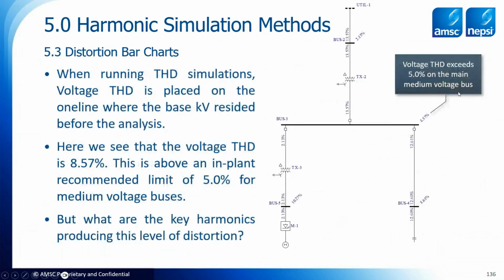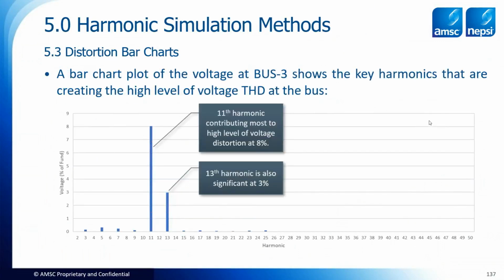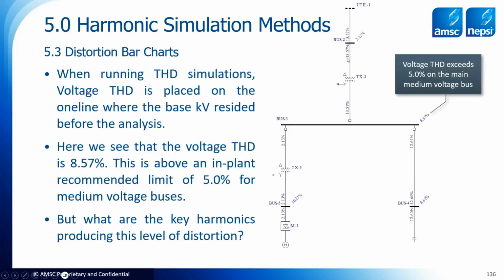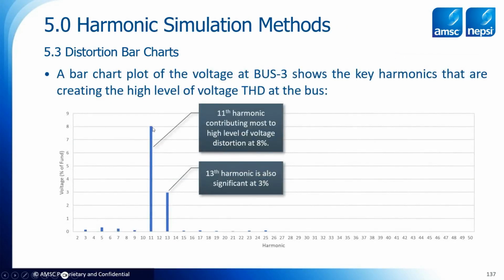And as seen in the THD on the bus, you can see that during this simulation I'm getting over 8.5% voltage THD. But which harmonics are producing this voltage THD? If you do a bar chart plot on the bus voltage, you'll see that the predominant component is 11th and that the 13th is a little bit smaller. Okay? Look at the THD, 8.577. This one is just above 8.